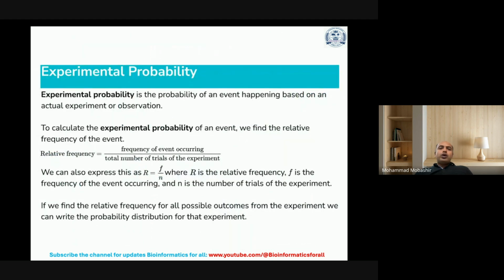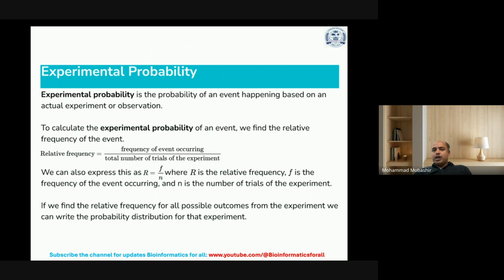Now, what is experimental probability? This is the probability of an event happening based on actual experiment or observations. To calculate experimental probability of an event, we find the relative frequency of an event. So relative frequency is equal to the frequency of the event occurring upon the total number of trials of the experiment.